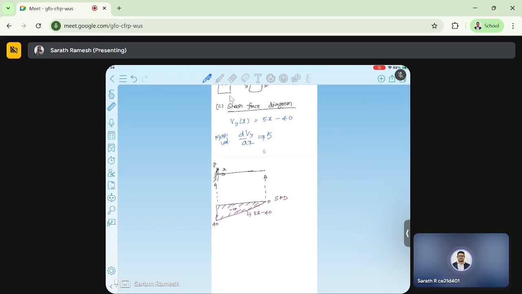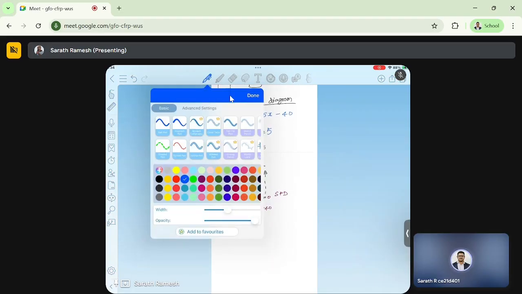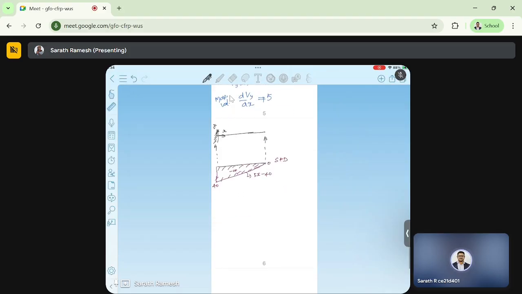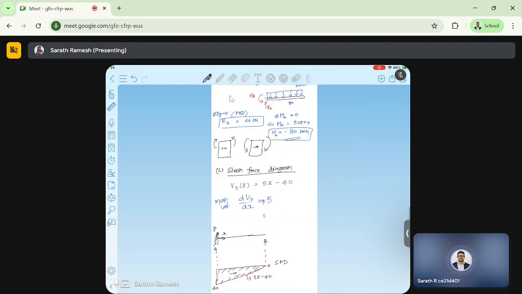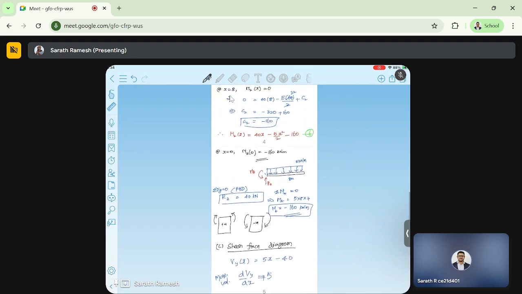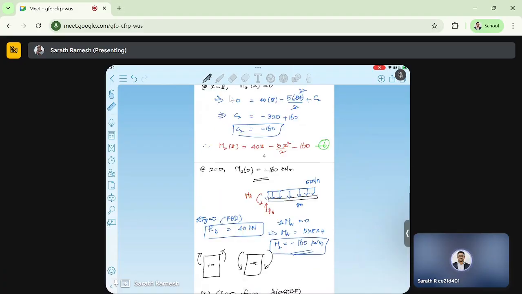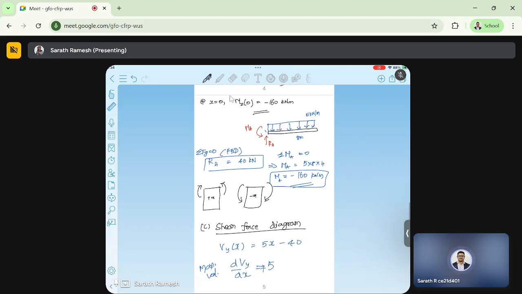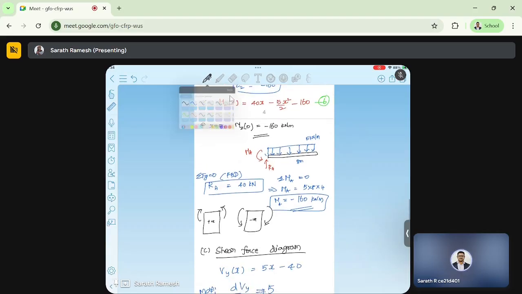Moving on to the bending moment diagram, that's our next question. Question D asks us to draw the bending moment diagram. How do we draw it? We already have the profile of the bending moment, M_z, from equation number 6.